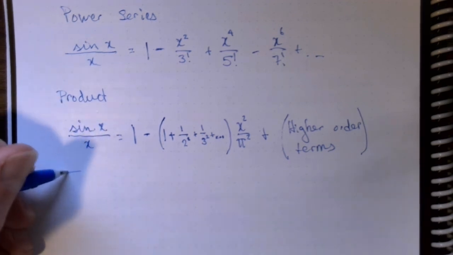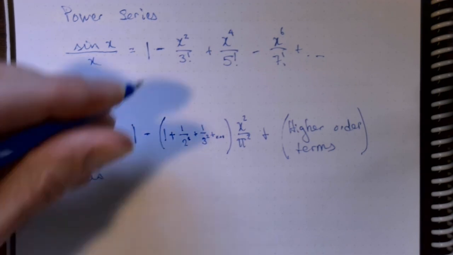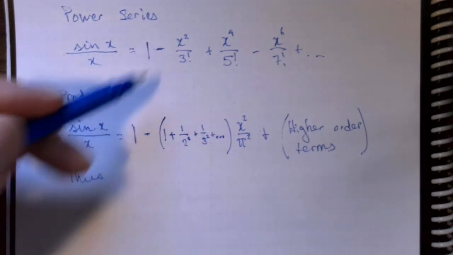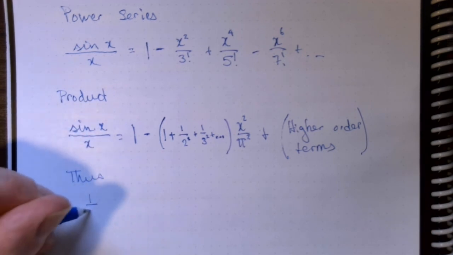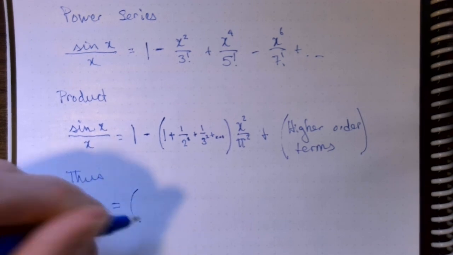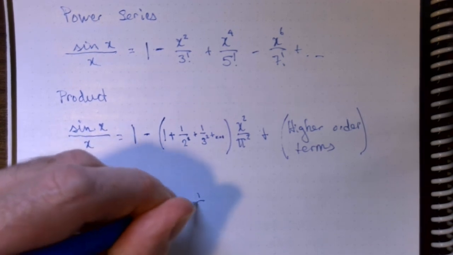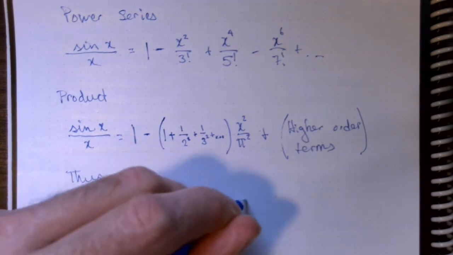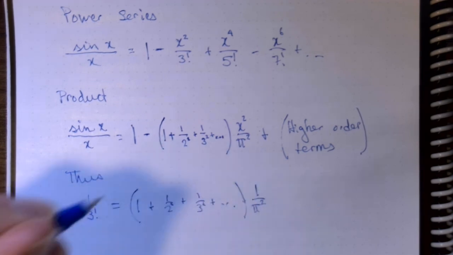So we've got to have this situation going on right here. The coefficient of x squared right there, now they're both minuses, so I can just disregard that. So 1 over 3 factorial would have to be equal to 1 plus 1 over 2 squared plus 1 over 3 squared plus, that would continue forever, times 1 over pi squared.